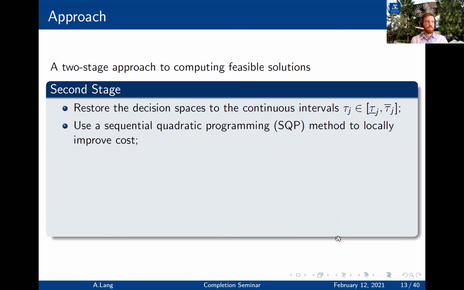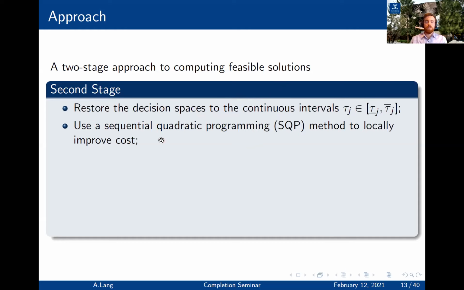So now once we have this feasible schedule, the aim of the second stage is then to improve on the cost with respect to this starting schedule. And we do that by first restoring the decision spaces to be from their continuous intervals.